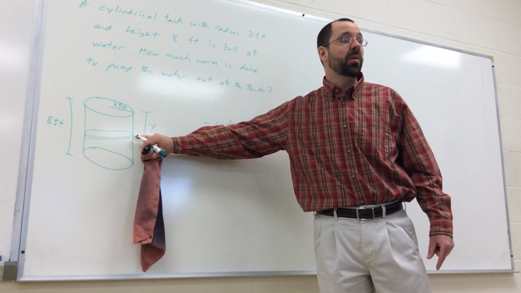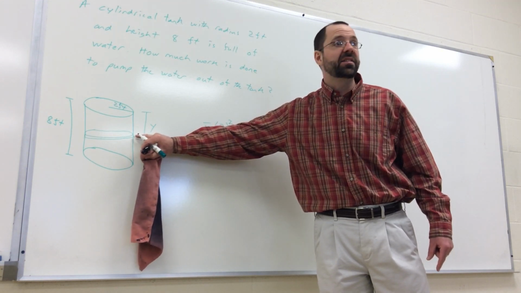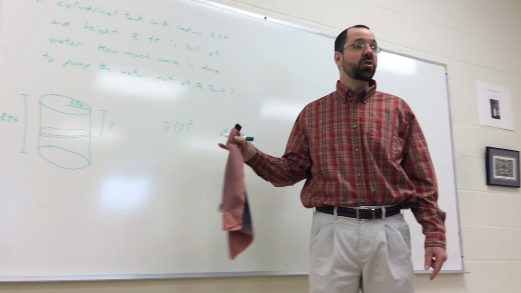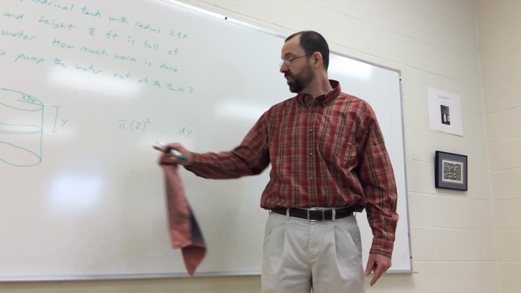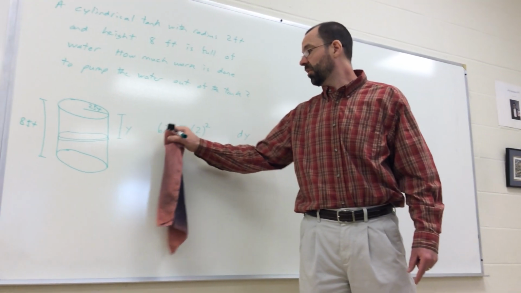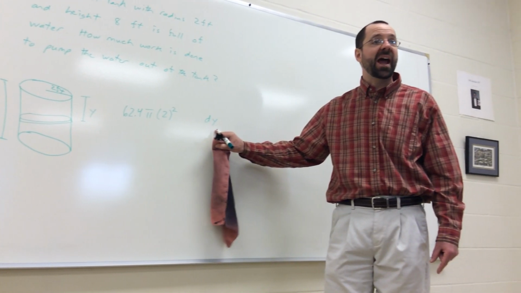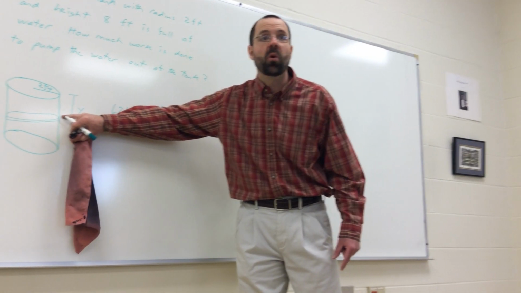Okay, so then that's the number of cubic feet of water there are in that cylinder. Now, water weighs 62.4 pounds per cubic foot. So if we take this cubic feet and multiply by 62.4, now all of this is the number of pounds of water in that little bit of water.